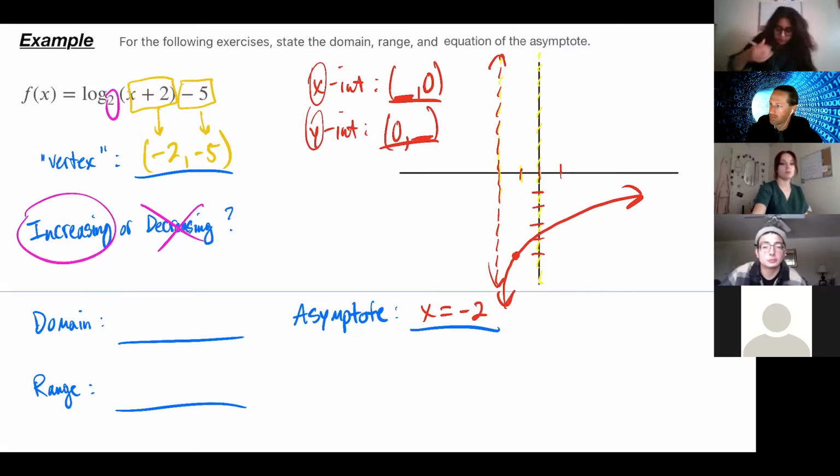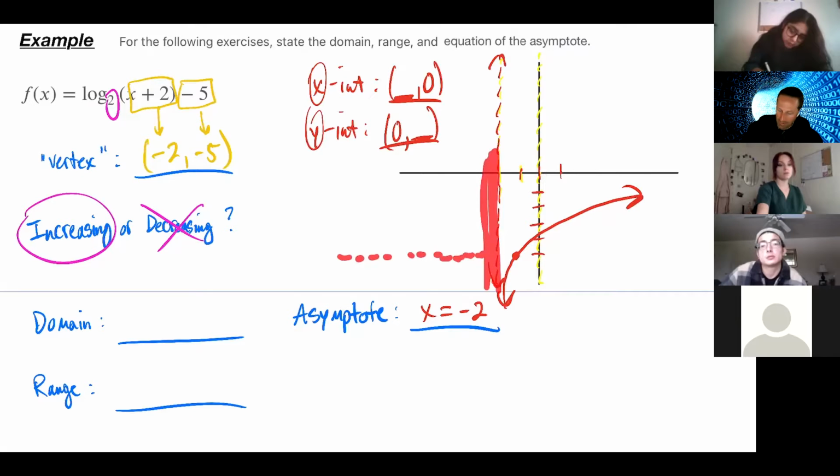How do we read? Left to right. For the domain, that is the x value. So I definitely want to go left to right. Am I hitting any values on my graph yet? No. Not until I get to what number? -2. And will I ever touch -2? No. So what number should I start with here? -2. Yeah, I actually want to start at -2, but make sure to not what?